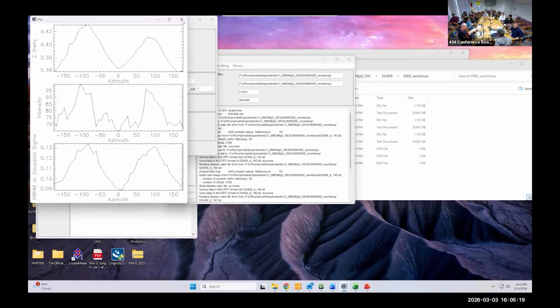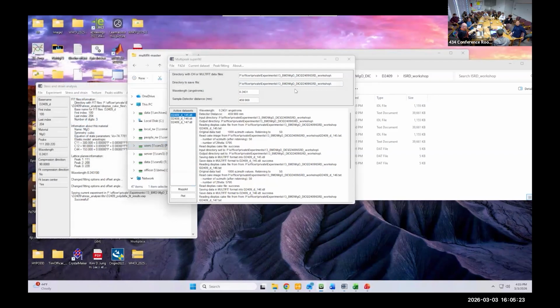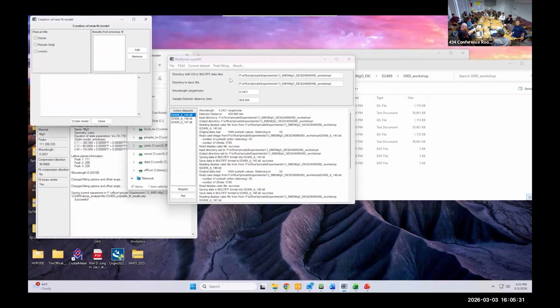Anyway, now we have our peaks and we want to batch process them. So we want to create a fit model.